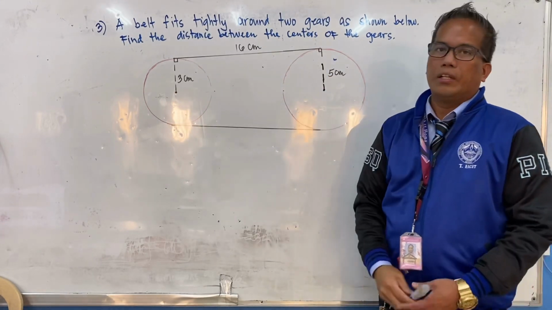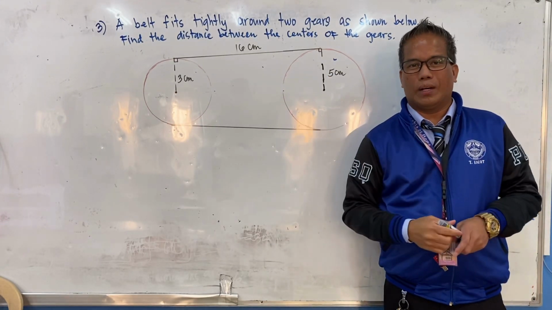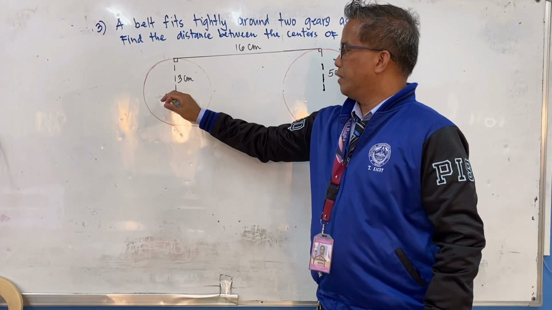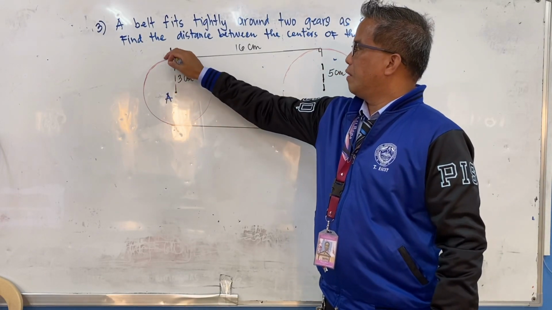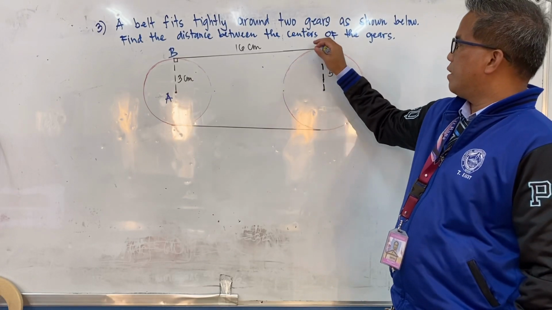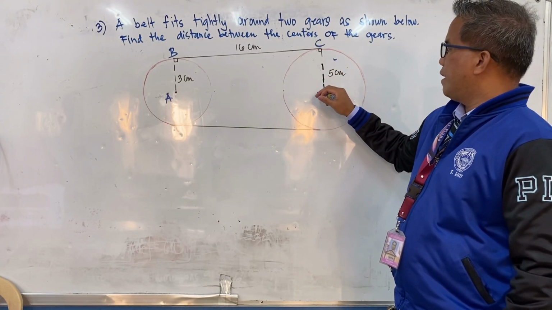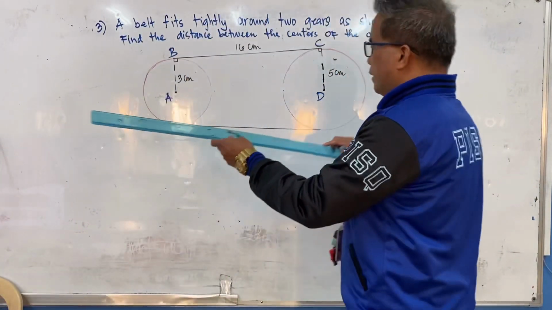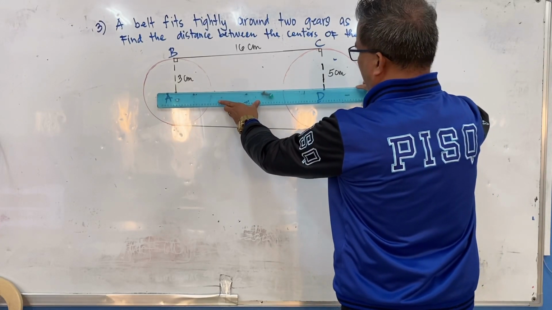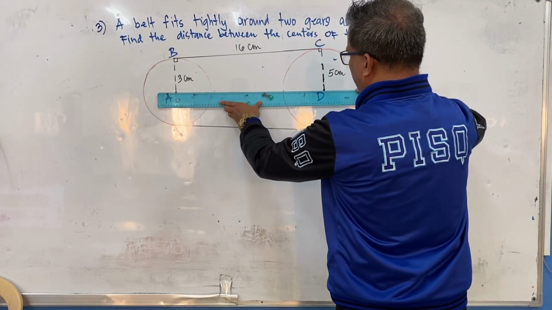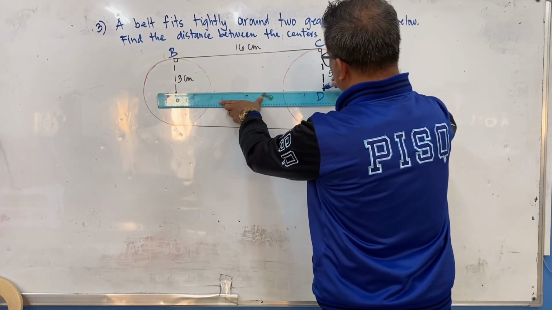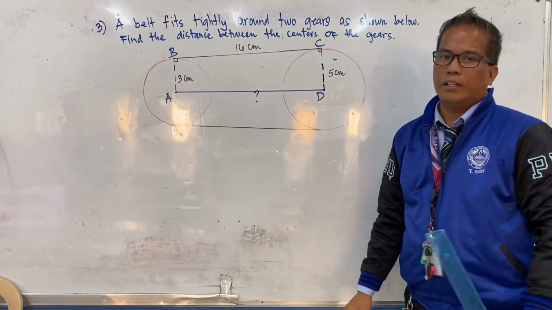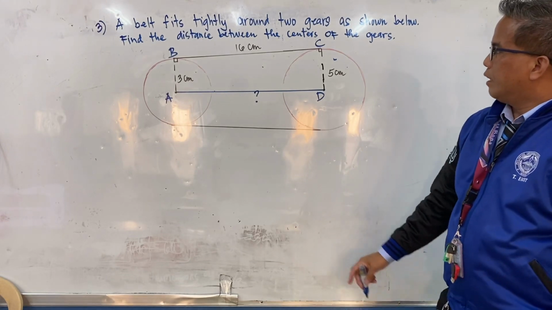First thing to do is we are going to assign letters here. Let's say this is center A, the point of tangency is B, we have C, then we have center D. So the question now, we will find the distance from point A to point D. Now, the radius is 3.